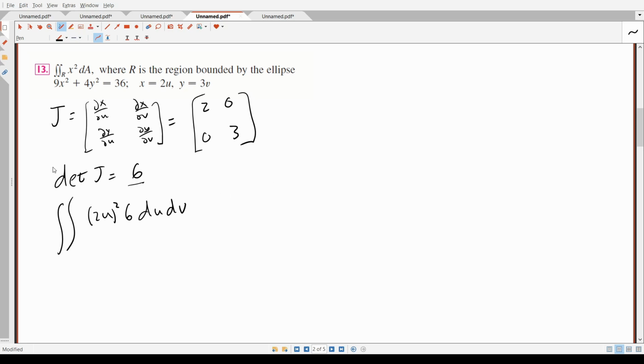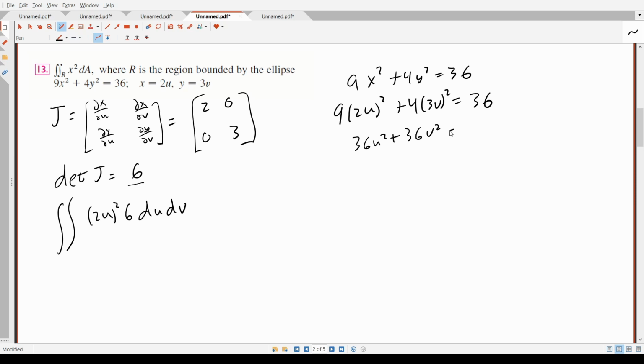Now I need to figure out this region. So 9x squared plus 4y squared equals 36. I know that x is equal to 2u and y is equal to 3v. So if we square this out, what we get is 36u squared plus 36v squared equals 36, or we just get that u squared plus v squared equals 1.